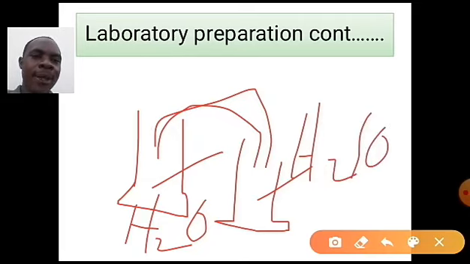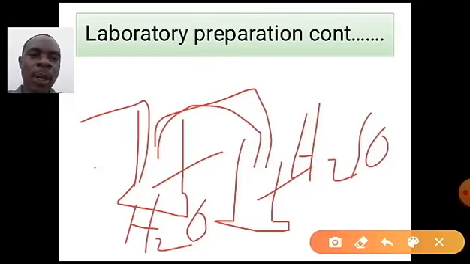The aim of passing the gas through concentrated sulfuric acid is to make the gas dry, because the gas collected from the reaction of potassium permanganate and hydrochloric acid must be passed first through the beaker which consists of water. The aim is to remove any trace of hydrochloric acid taken along by the gas.